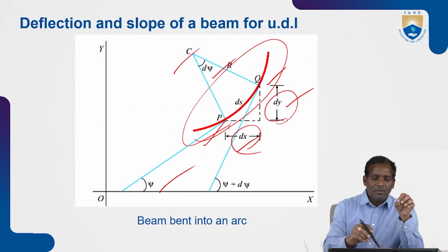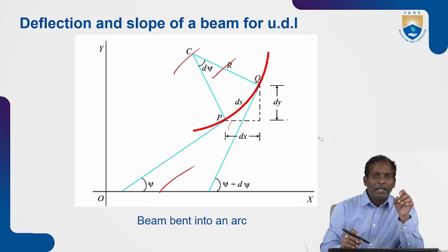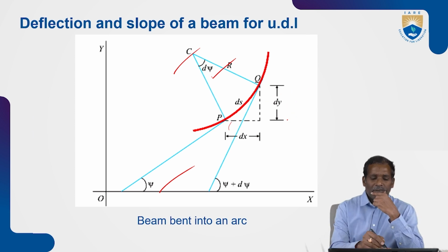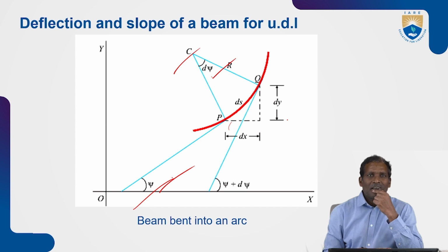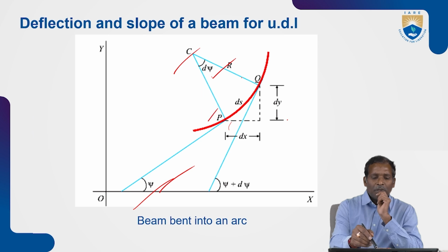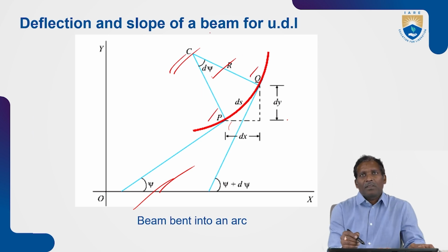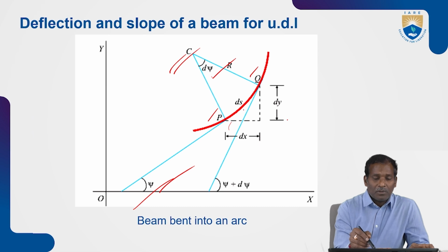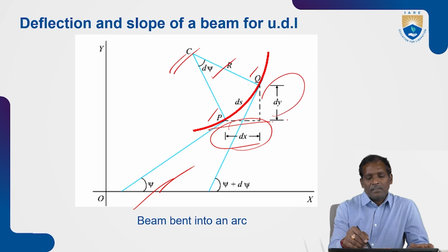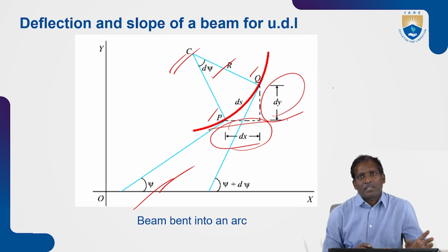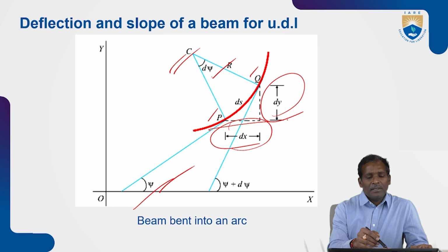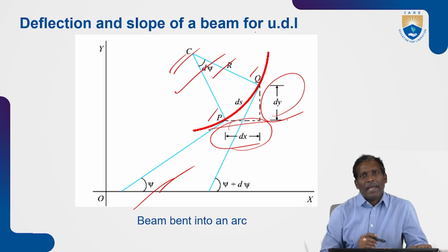So from this diagram, what we have done is we have calculated the deflection equation. See here, the PQC geometry, the small portion we have taken here. In this, the length is dx, the deflection is dy, and d psi is the angle.